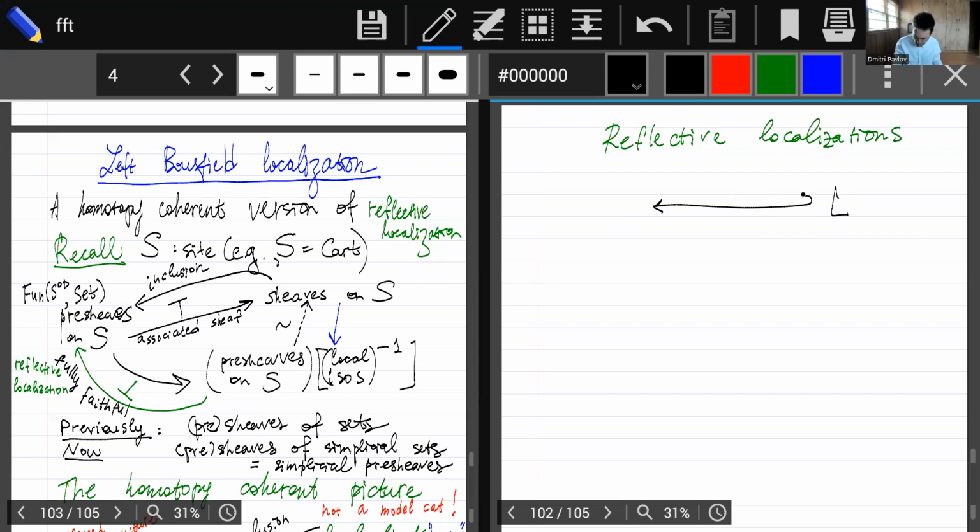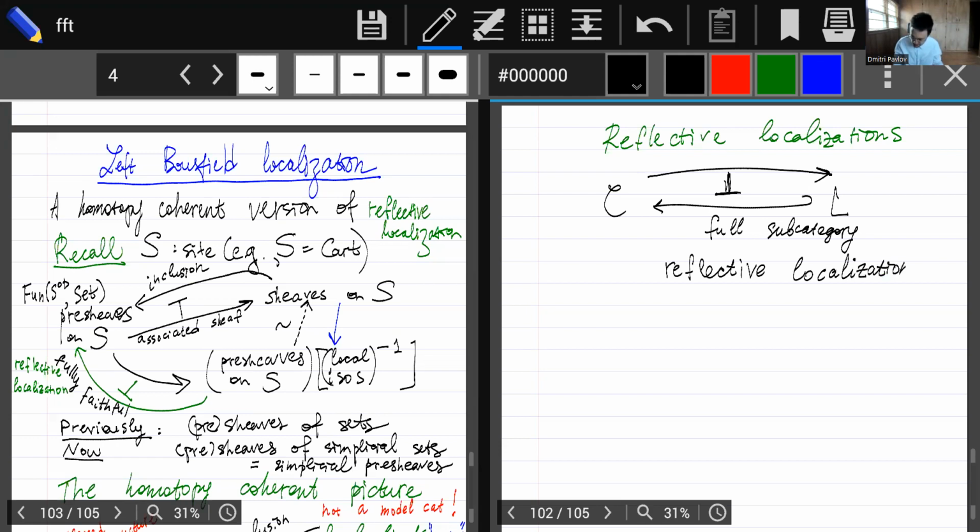So you have a full subcategory. And if this inclusion has a left adjoint, then such a situation is called a reflective localization. So a reflective localization is simply a full subcategory such that the inclusion functor has a left adjoint.